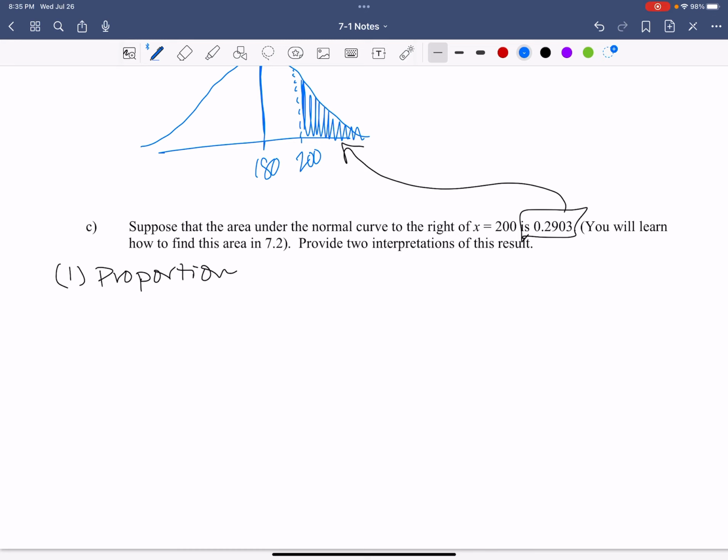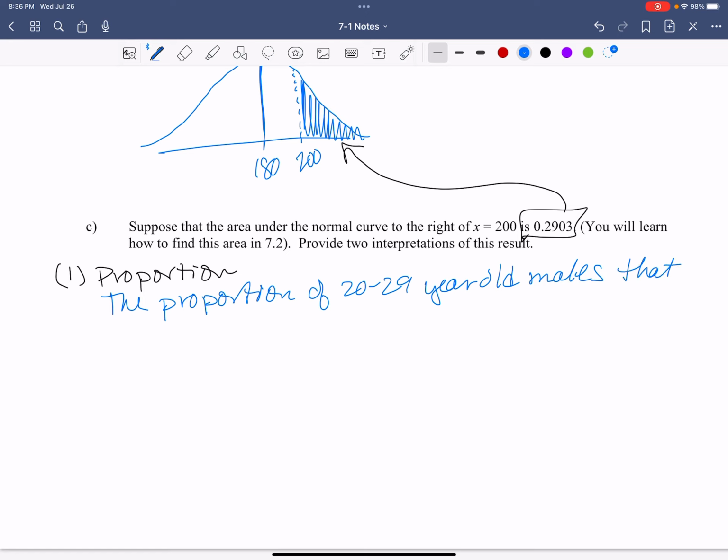Well, it tells us that the proportion of 20 to 29-year-old males that have high cholesterol is 0.2903. That's the proportion. The proportion of males that have high cholesterol is the same as that area under the curve, and that is denoted by this 0.2903.